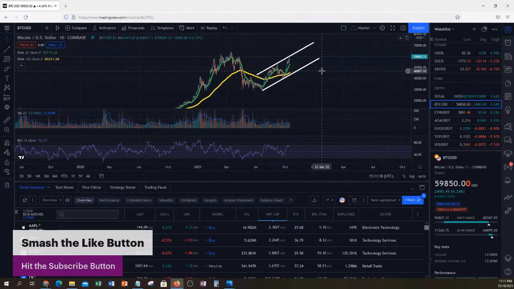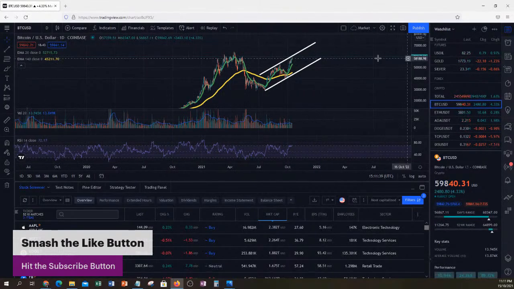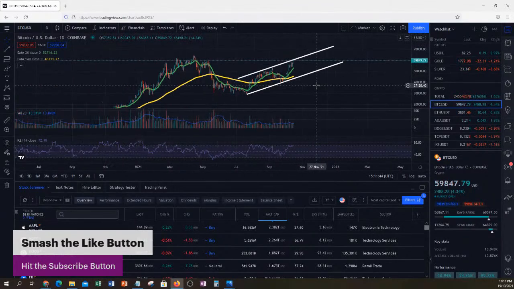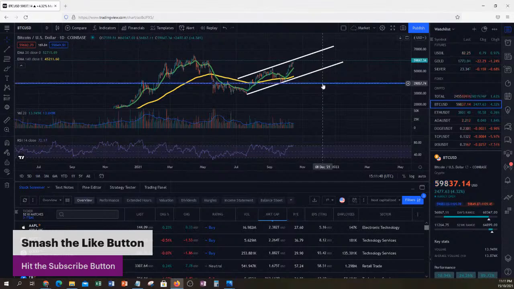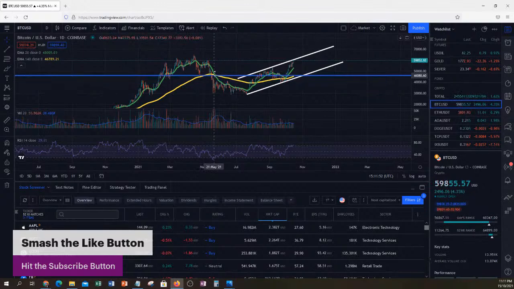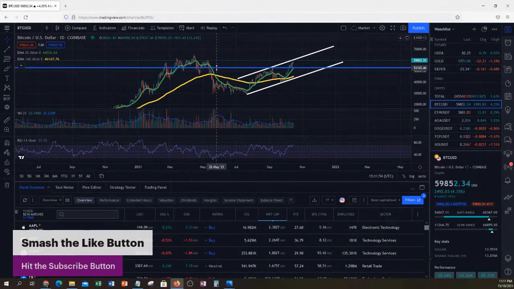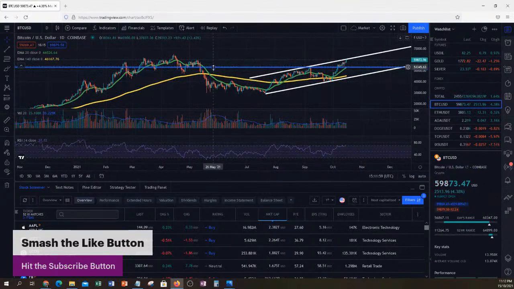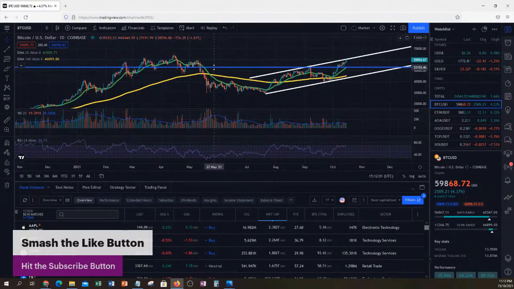So right now, if you look at Bitcoin, we are trading at 59,000. So what I will do is press Alt H, and you have this line that comes up, and you can move it to where it starts to touch all of these other junctions of the coin, maybe somewhere here.